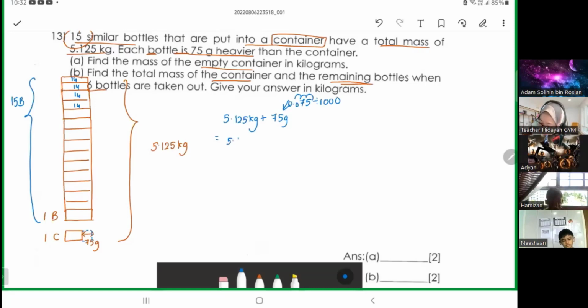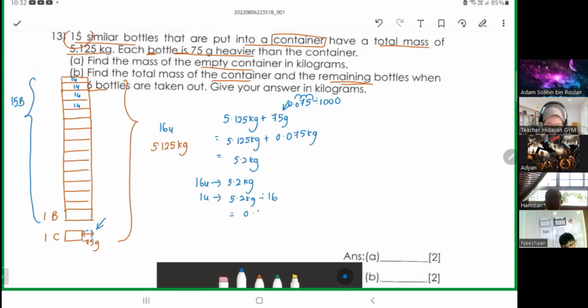So 5.125 kilogram plus 0.075 kilogram will give me 5.2 kg. This is for everything, which is 16 units when I include this in. 16 units is 5.2 kg. 1 unit will be 5.2 kg divided by 16. That is 0.325 kg.